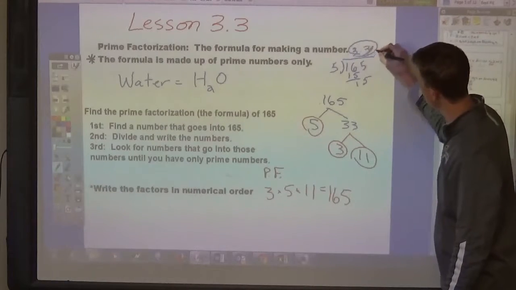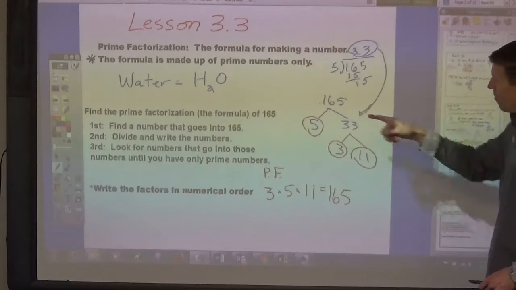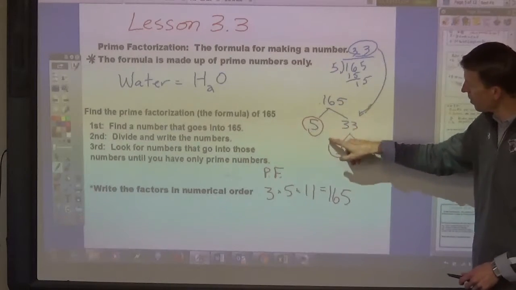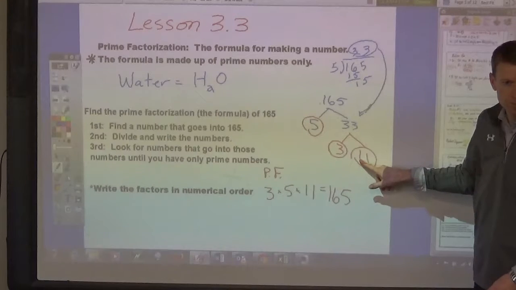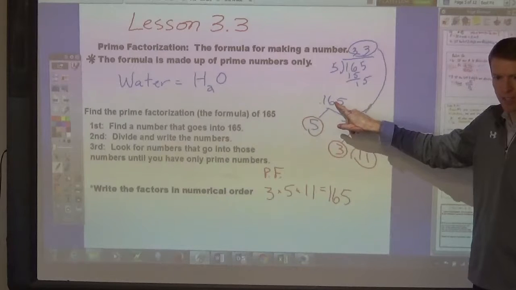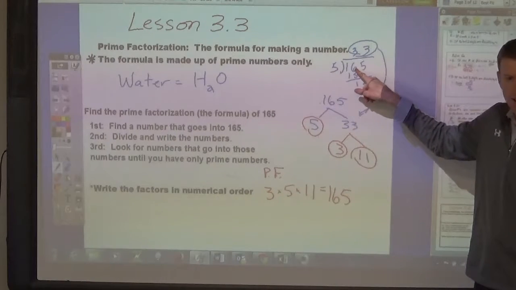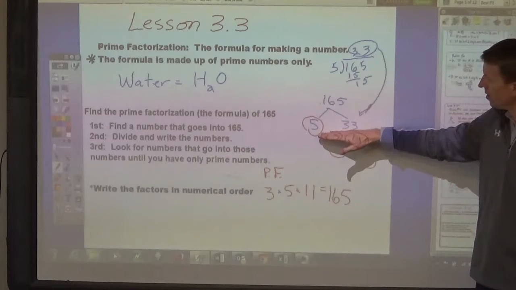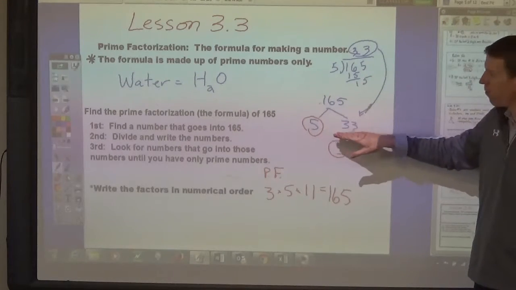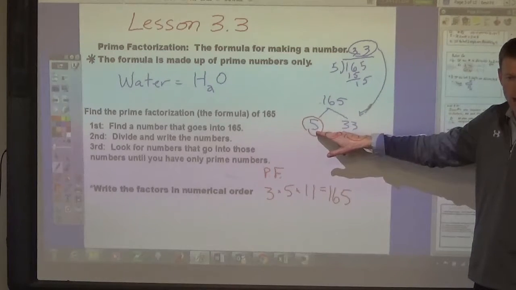Then you take this answer and you write it underneath the number. What we're going to end up with is called a factor tree. It shows what two numbers make the number above it. So 5 times 33 is 165, right? Now, go to the next level and look for other composite numbers. 5 is a prime number, so we can stop with 5.